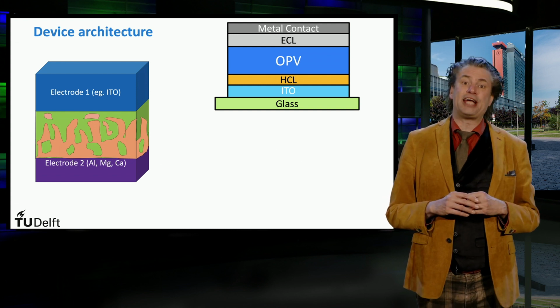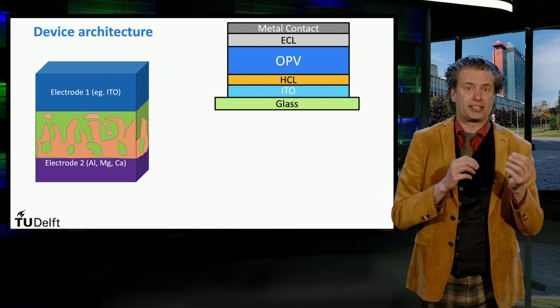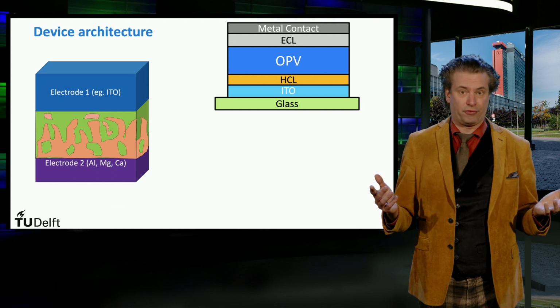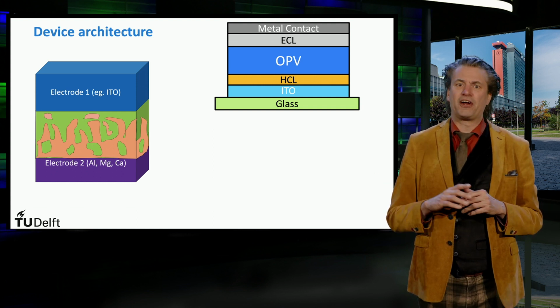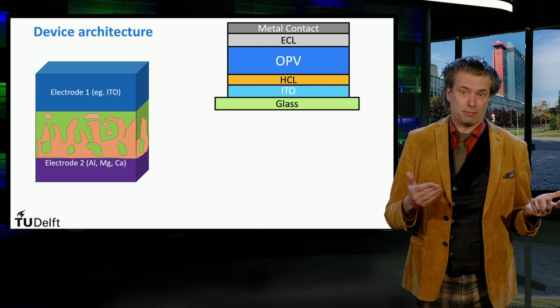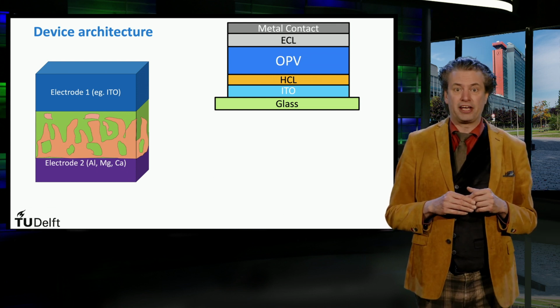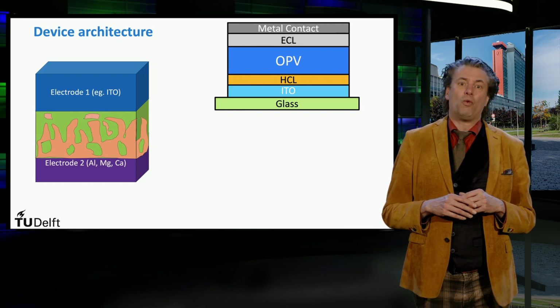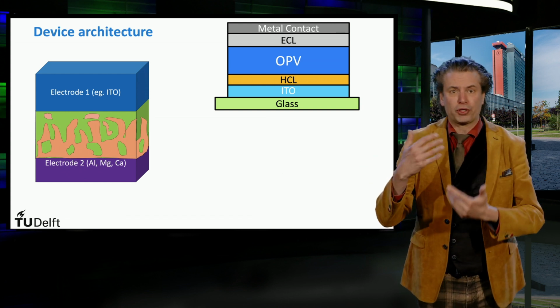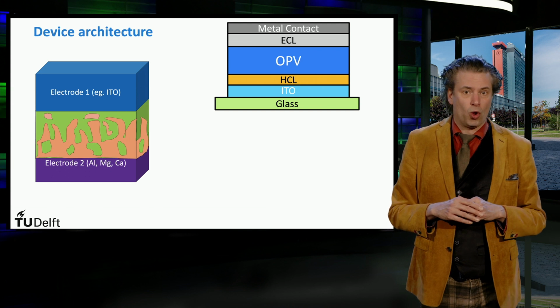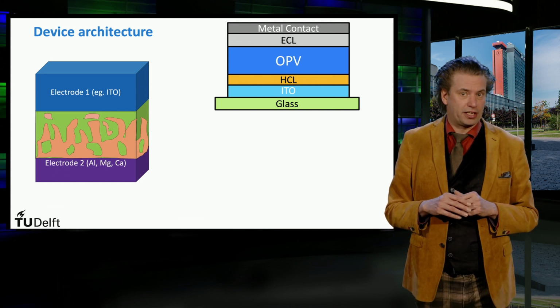This allows the excitons to reach a donor-acceptor interface before they recombine. The separated electrons travel through the acceptor layers and are collected at the electron collecting layers, abbreviated here with ECL, while the holes move through the donor material and are collected at the hole collecting layers, here abbreviated with HCL.